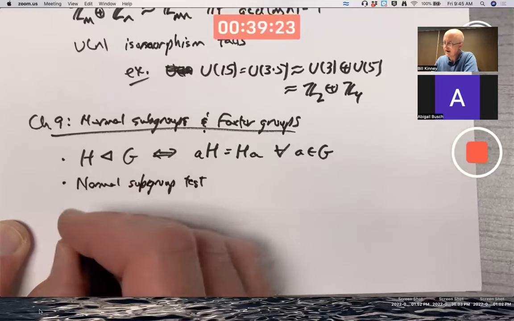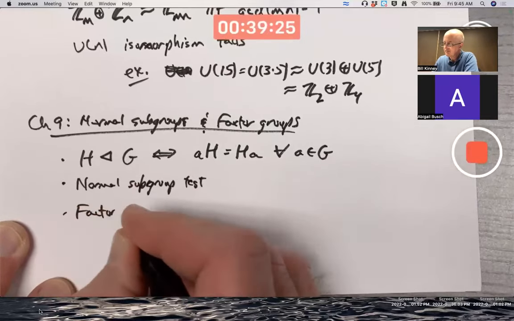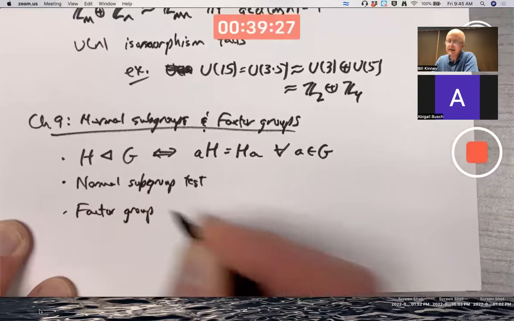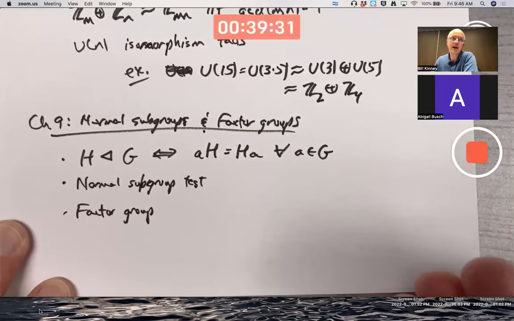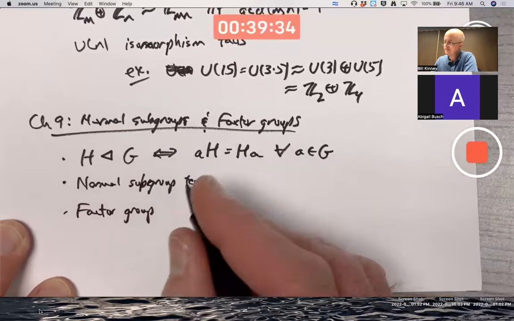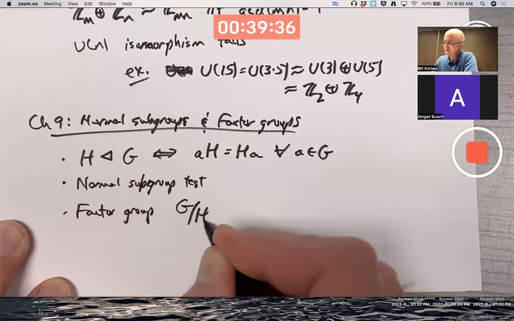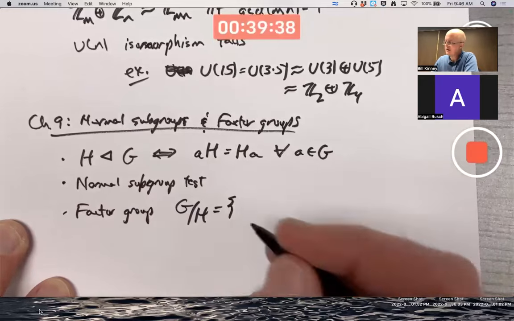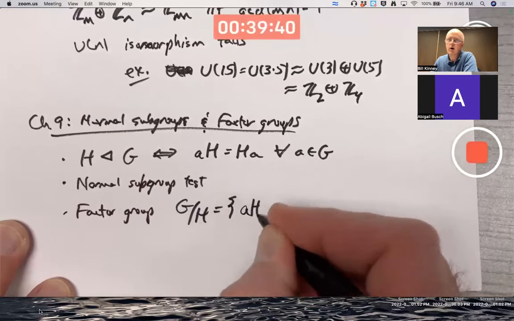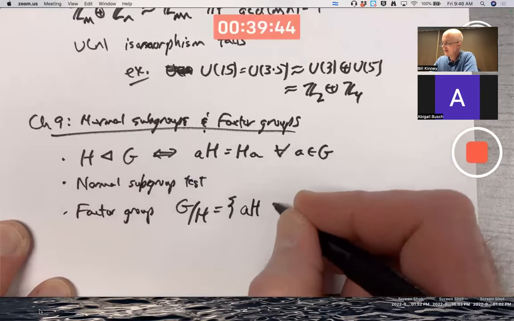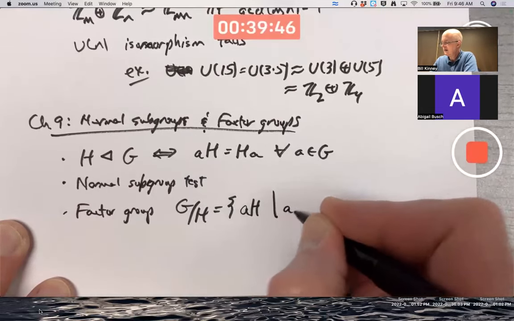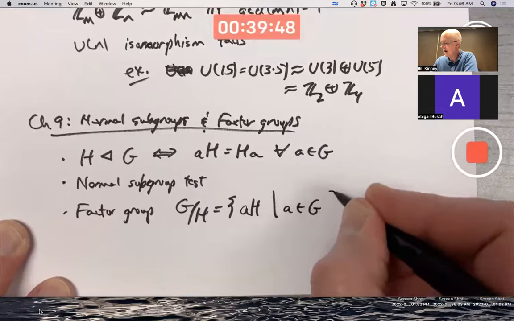There's the definition of a factor group. And the key thing is that H needs to be normal in G to define the factor group in the first place. It's typically thought of in terms of left cosets, though technically you could think of it in terms of right cosets. The elements of the factor group are cosets.